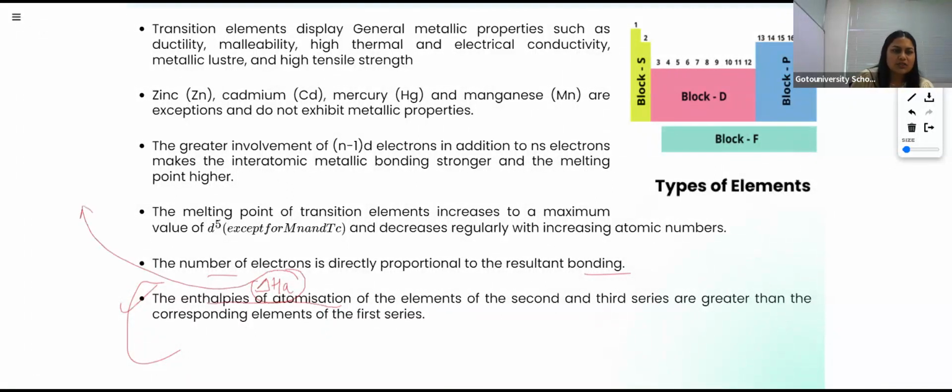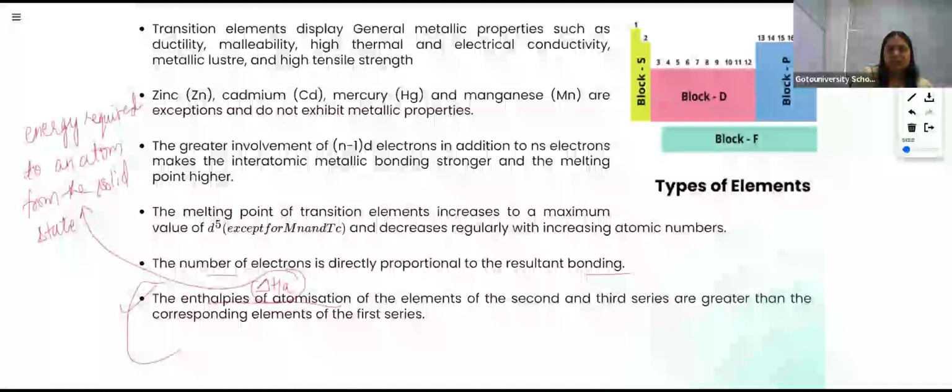This enthalpy of atomization is the energy required to isolate an atom from the solid state. All right.